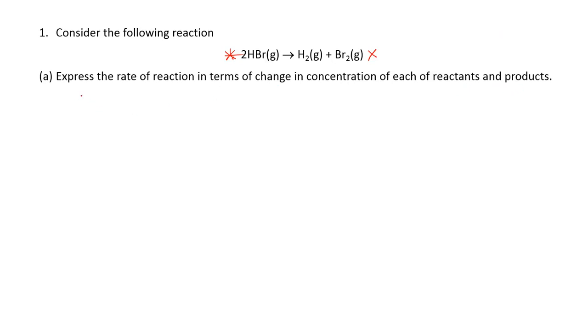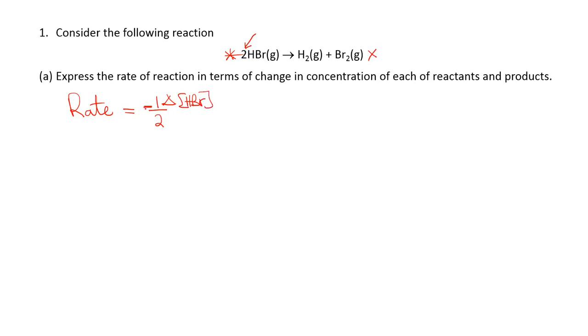So for this reaction, the rate is given as negative 1/2. The 2 is coming from here. Negative 1/2 change in concentration of HBr.